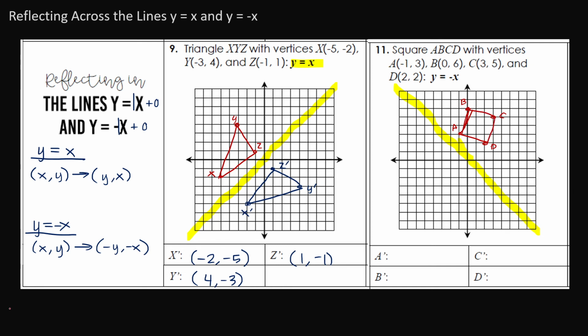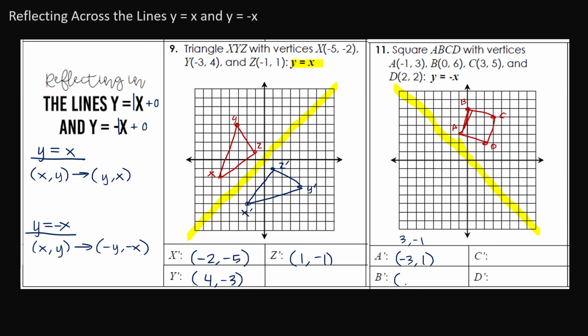All right. And so now let's use the rule for reflecting across the line y equals -x. So A prime, if we look at the original point (-1, 3), it's going to switch, and then we're going to change the sign of the coordinates. So it would be (-3, 1). For B, we start at (0, 6).